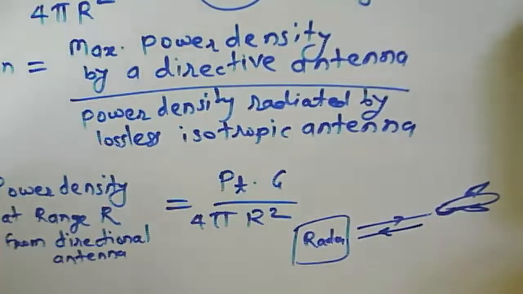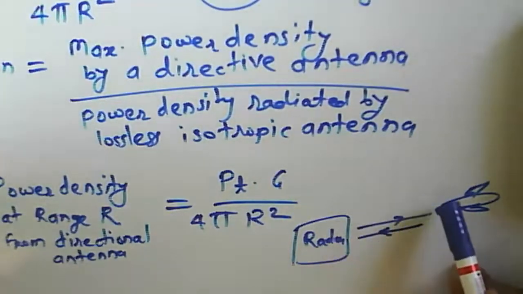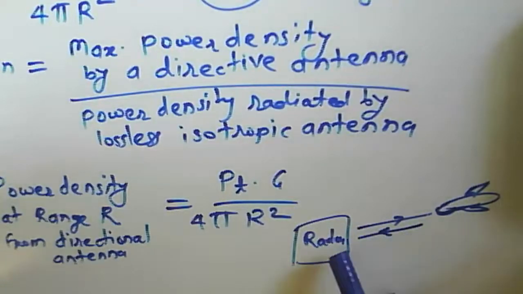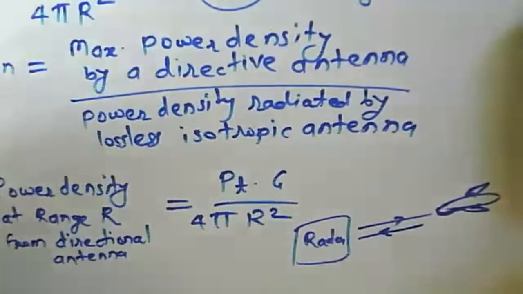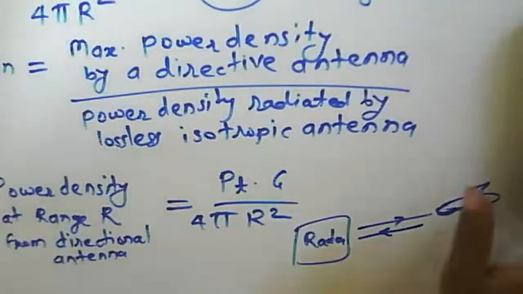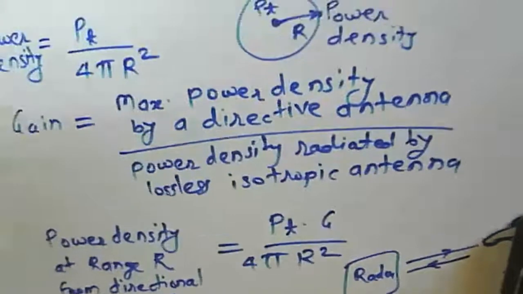This is about the incident power, and this is about the reflected power or echo signal. That's why we find the re-radiated power density.